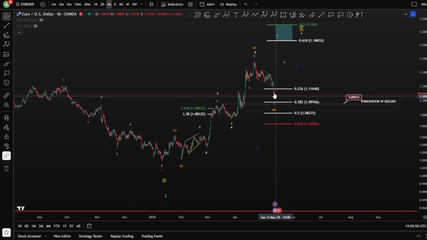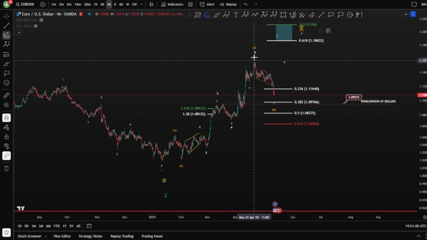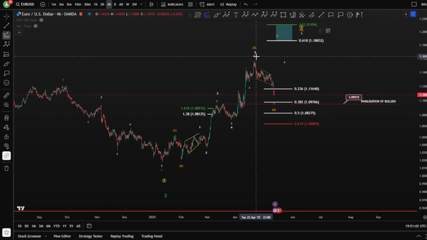If we see this, which is maybe possible, but I believe this is a zigzag, A, B, and a C.